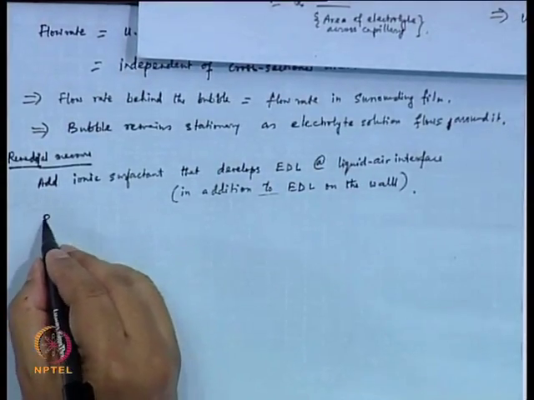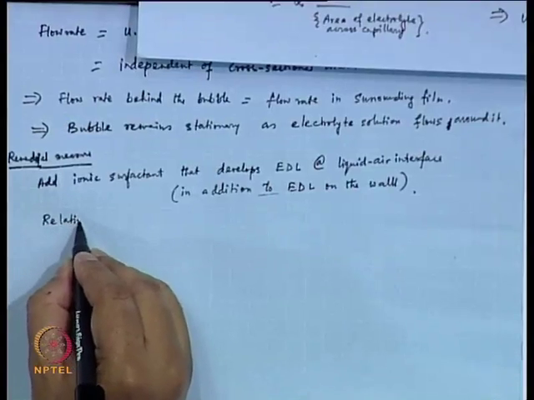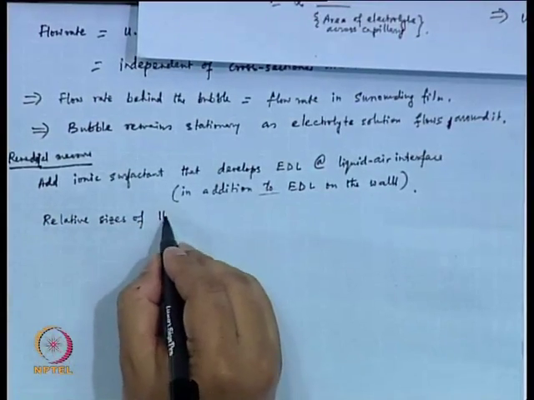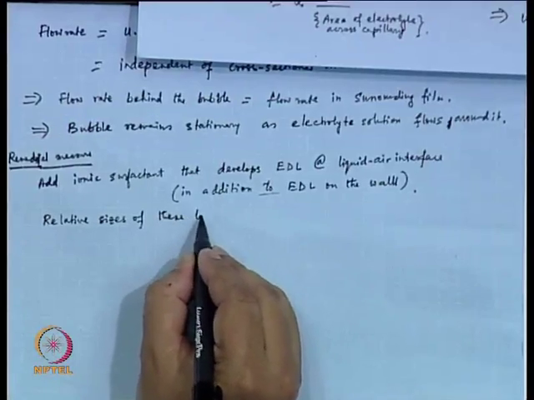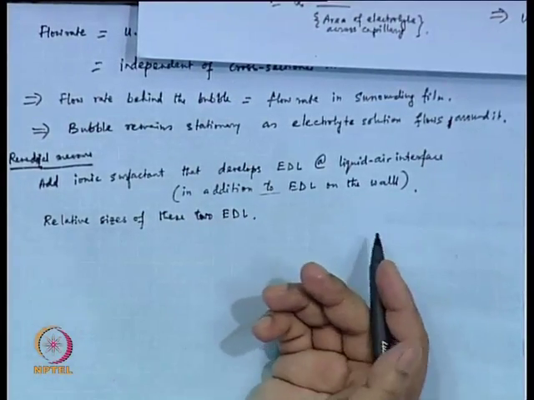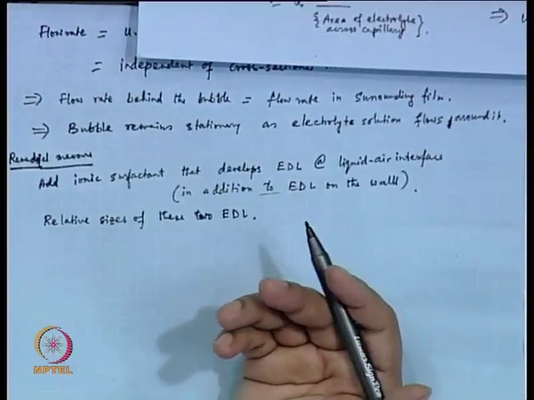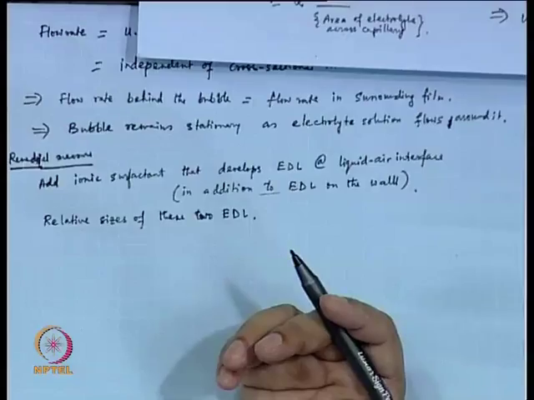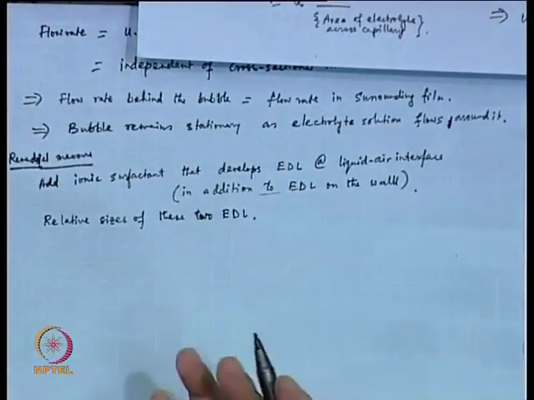Now, the relative sizes of these two EDL. What is the size of EDL? We know the size is basically d by length. So, the relative size of these two electric double layers, one at the wall, which is responsible for the electroosmotic flow, and the other at the liquid air interface.